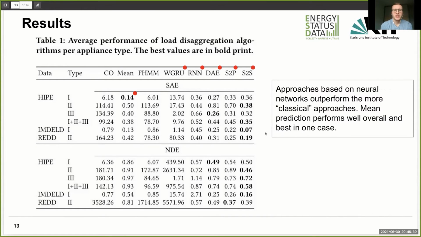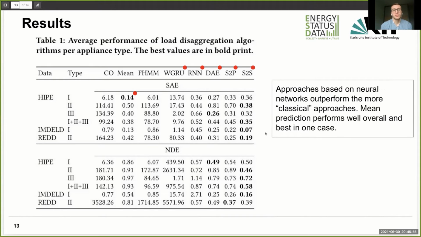Another general observation is that the modern neural network-based algorithms perform on average better than the classical algorithms. So we see here a tendency towards neural networks. However, still surprising is the result that the mean baseline prediction worked best in one case.